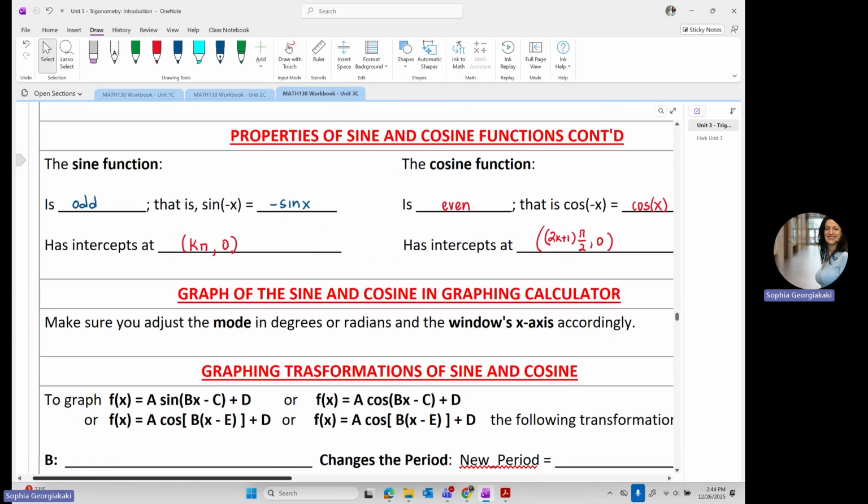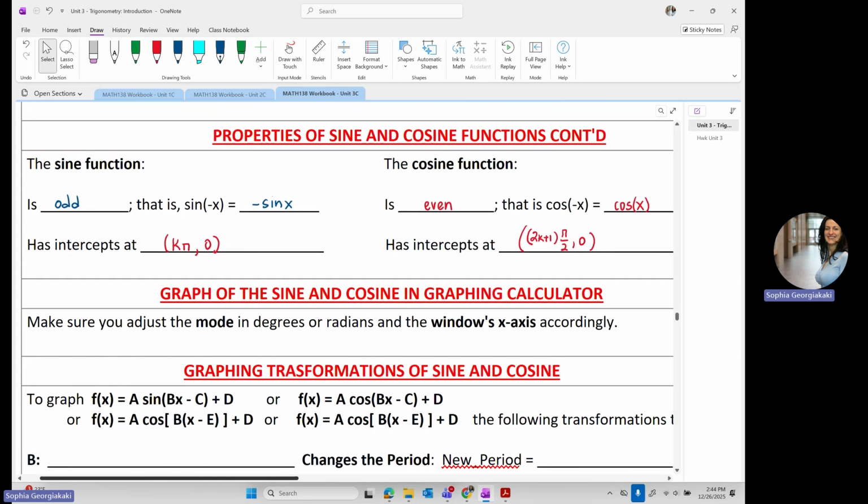In our notes, we have a note about how to use a graphing calculator. But in our class, for pre-calculus at our college, we do not allow graphing calculators.